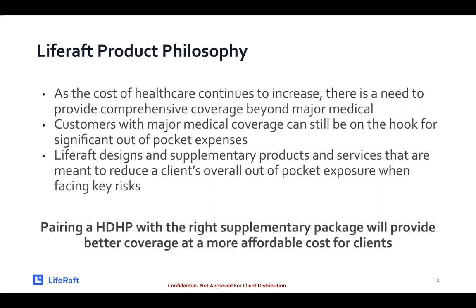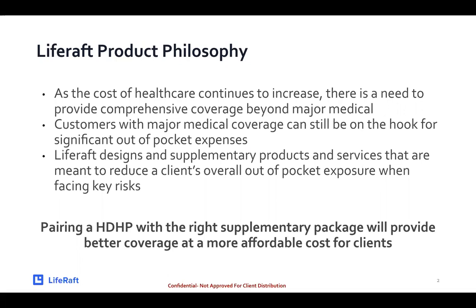As we all know, the cost of healthcare continues to rise. And with recent potential legislation, what we're going to find on the major medical side is that as the Biden administration looks to make it easier for consumers to compare different metal tiers of major medical, the end result from an industry perspective is that every level of major medical is going to start to look similar, right?